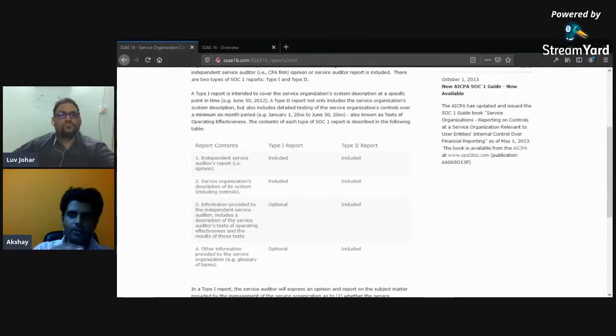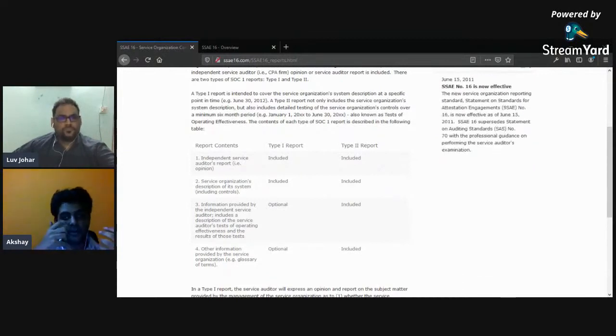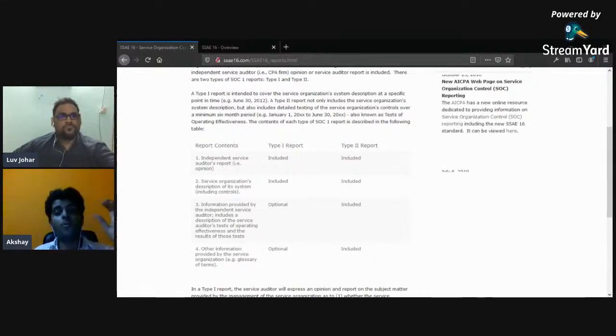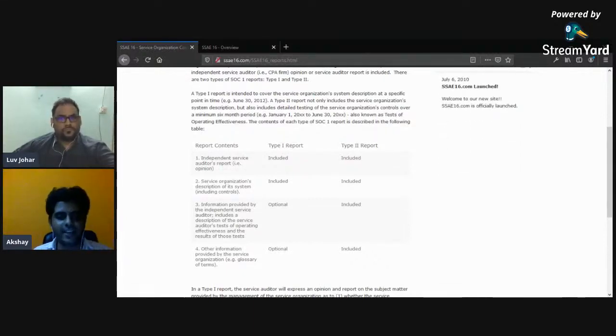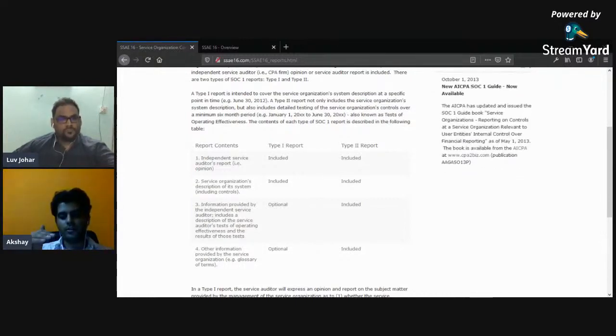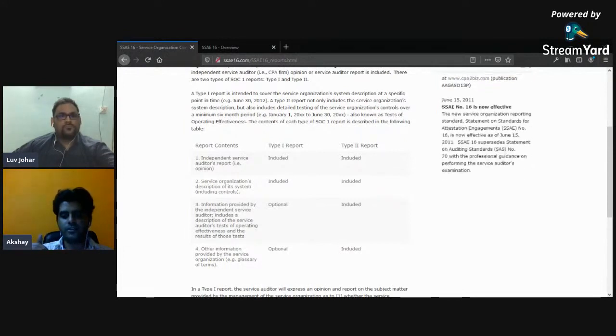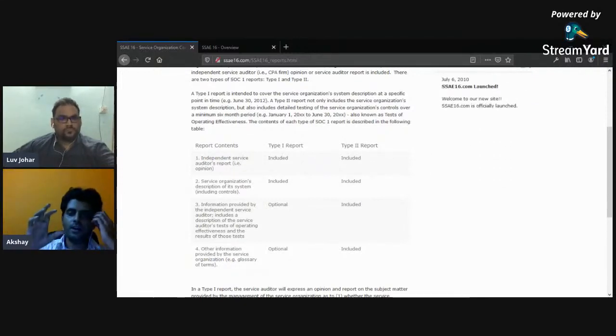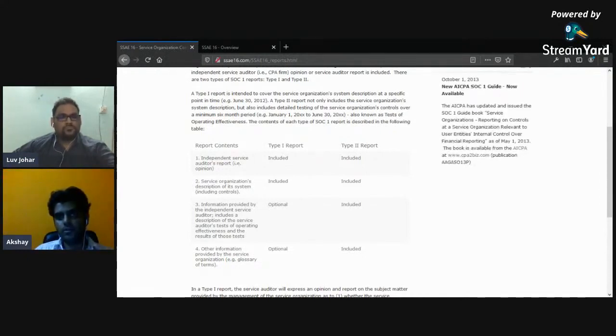It talks about how you are ensuring the CIA, the confidentiality, integrity, availability, the common criteria of security that they have defined, and how you are making sure there are controls so that the service being provided, and the controls implemented for a continual provider of services, are actually performing optimally and have been tested effectively or not.